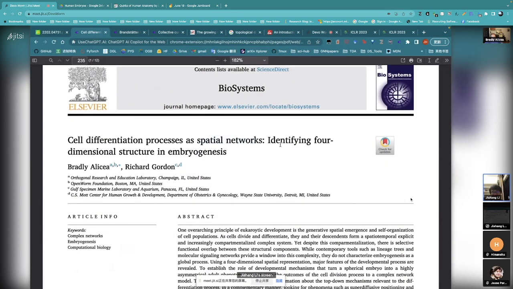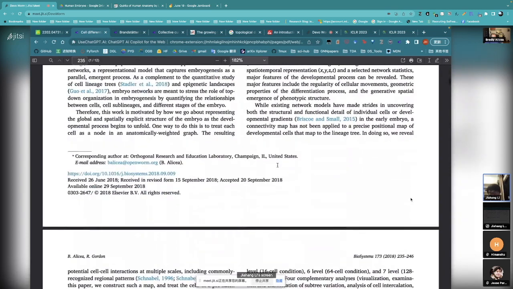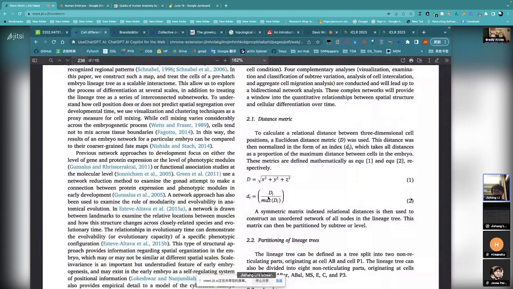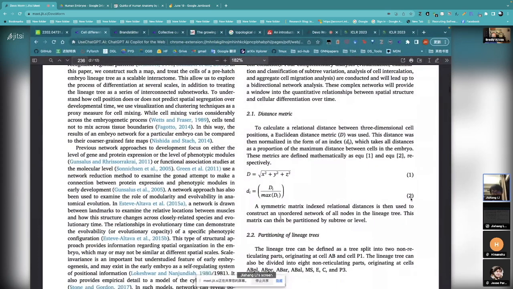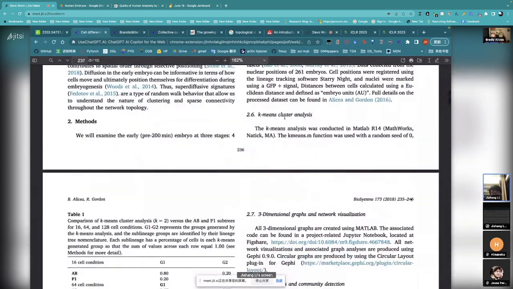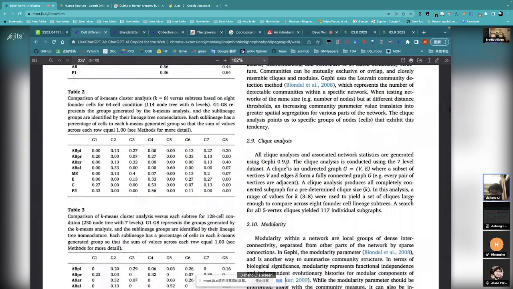I read this paper last year in GSoC 2022, and in this paper the authors, Reddy and Richard, utilized many network analysis techniques such as k-means cluster analysis, clique analysis, community detection and modularity.